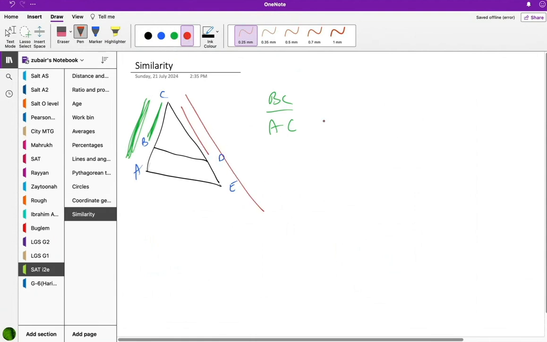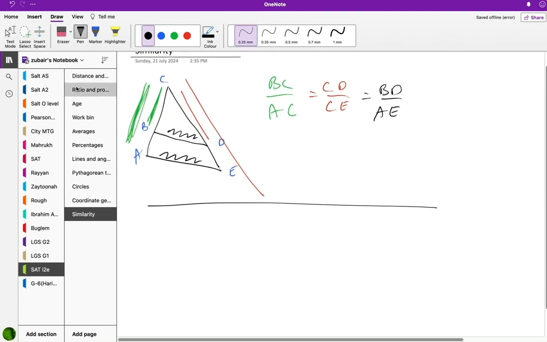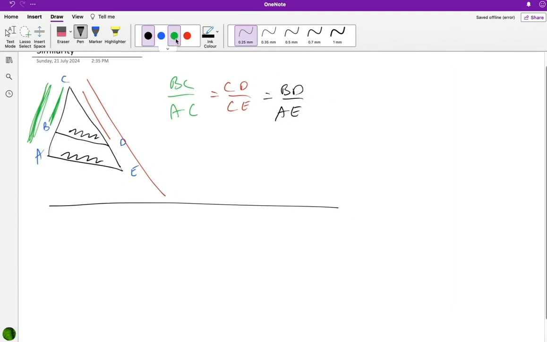CD is similar to CE. And the third one, BD, similar to AE. If you're remembering it while I speak, that's fine. If not, do let me know, we can go in detail. This was the first case.